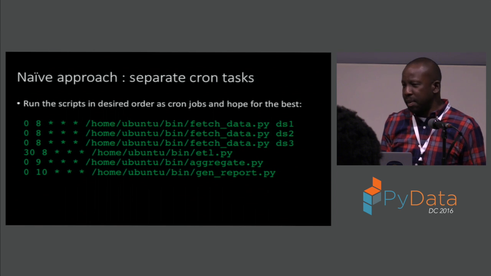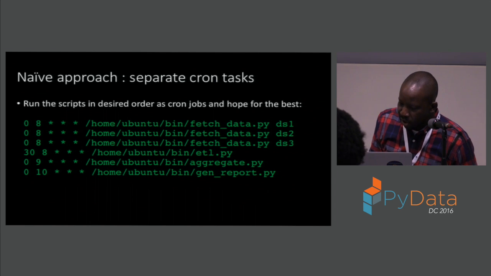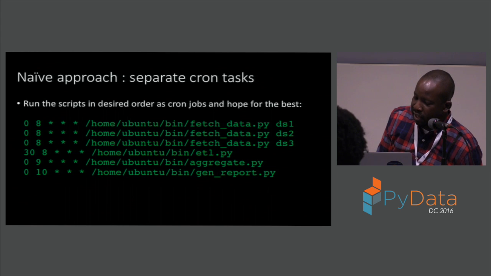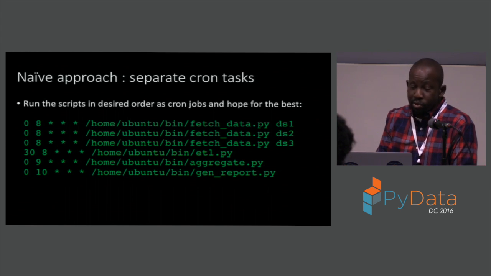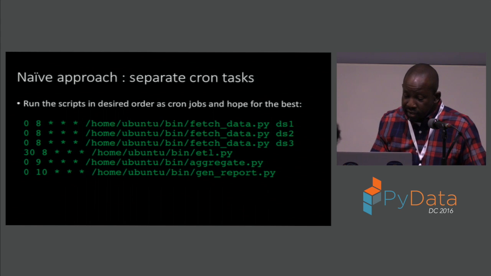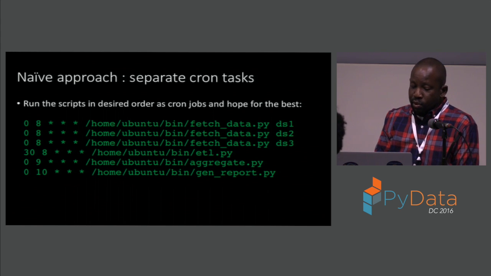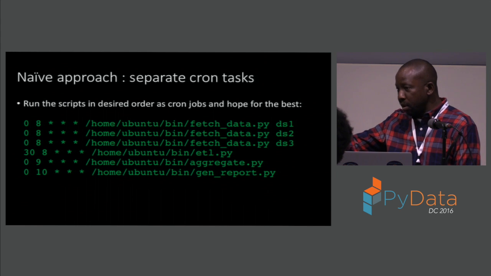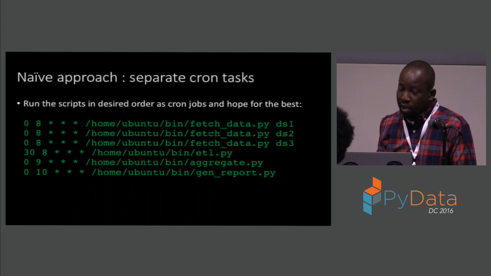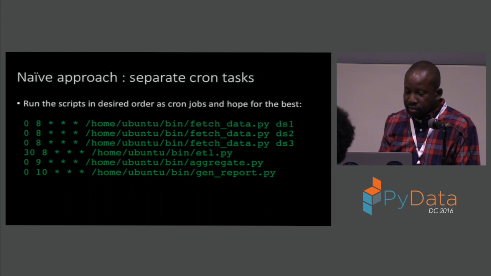So this is extremely problematic, as most people would know, because any of these, let's say the fetch data job, might take longer than expected to run if there is a lot of data. And if you just left it that way, the ETL will just start running on incomplete data.